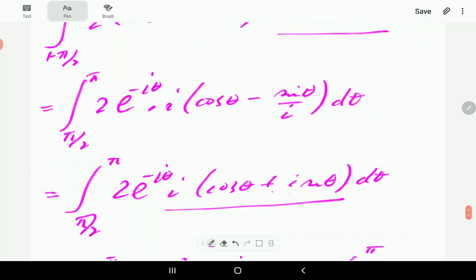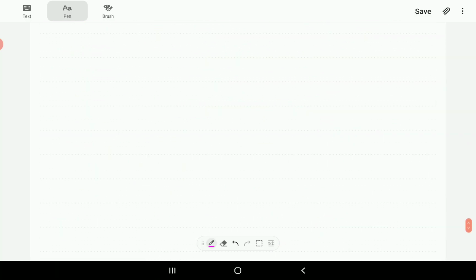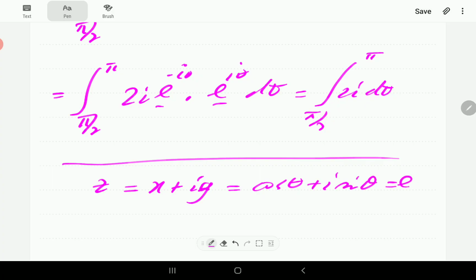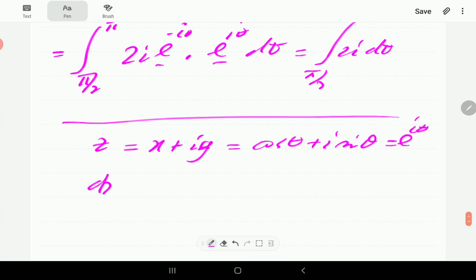As soon as you have x is cosine theta and y is sine theta, then this is telling us that this is cosine theta plus i sine theta. So it's saying that z is simply e to the i theta. So dz, simply the derivative of this, where the only variable is theta, so we differentiate with respect to theta.